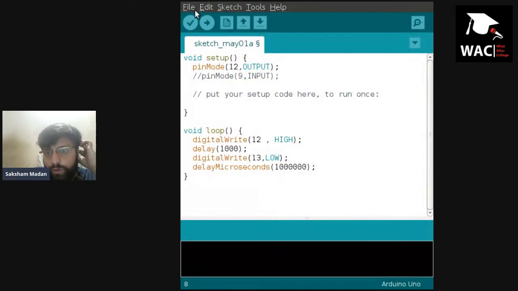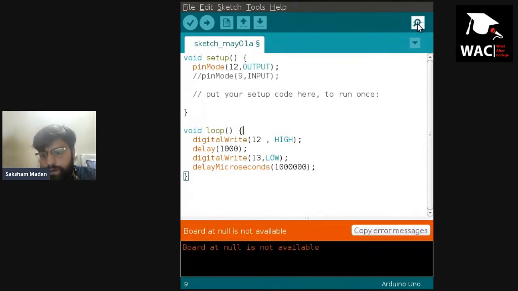Okay. So let's say we are using the Arduino for some kind of input. We have an option to use our serial monitor. Right now it will not be showing because I don't have any Arduino board connected to my system. So we'll be using the serial monitor just to monitor the input at any instant.